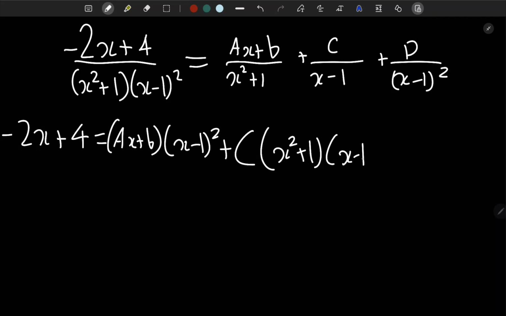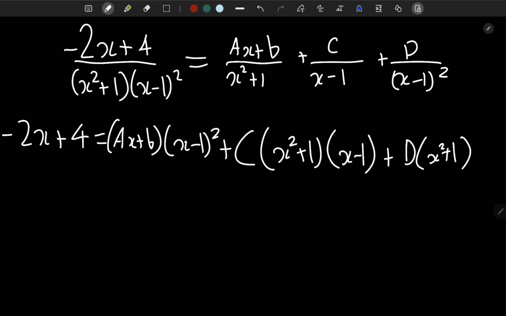I'm sorry about my handwriting. Okay, so plus d, and we are going to cover up x minus 1 squared. Once we do that, we'll only have this part over here and x squared plus 1, and that's it.